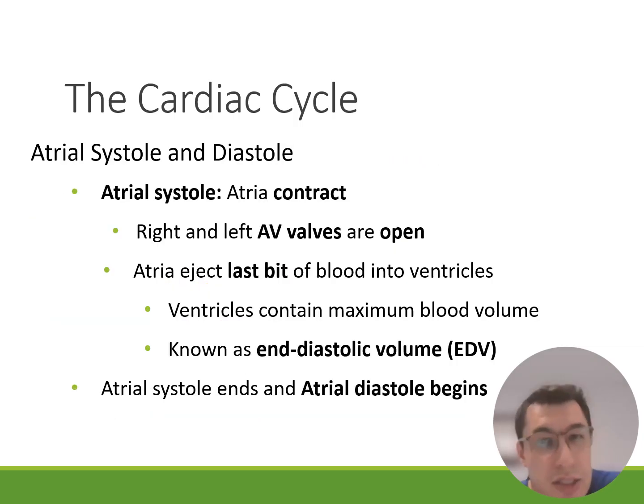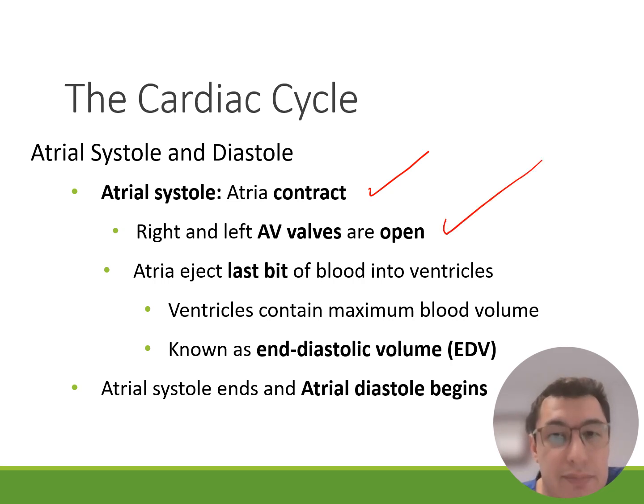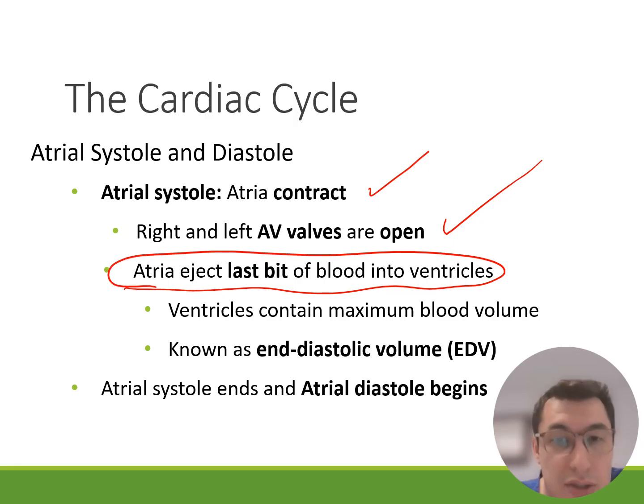Again, during atrial systole, the atria contract. When they contract, the AV valves are open. The ventricles had already been filled passively 70%, and it is during that contraction that the last bit of blood will go into the ventricles.